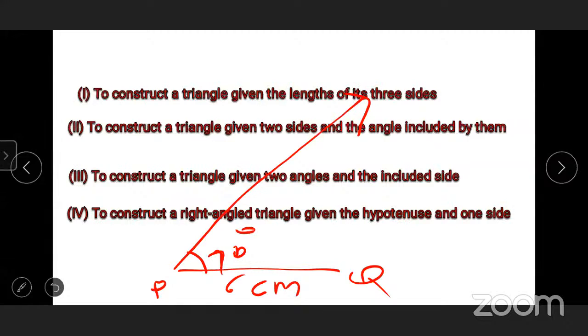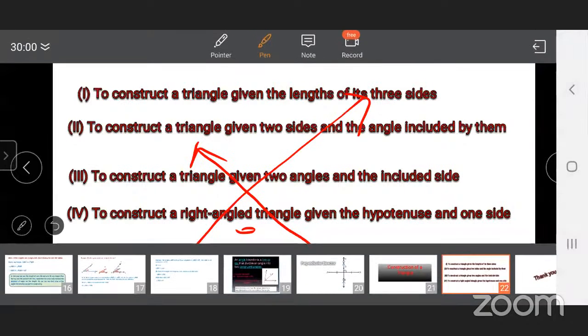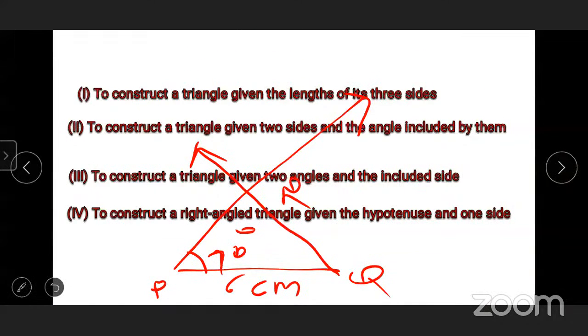Then draw the other angle on the other end, and we get an intersecting point of the two rays. Name that intersecting point, write the measurement of the other angle, and that is our triangle. That is the construction of a triangle given two angles and the included side.